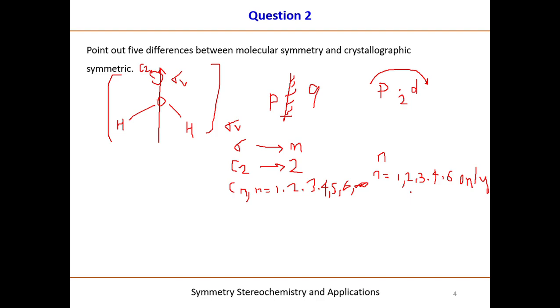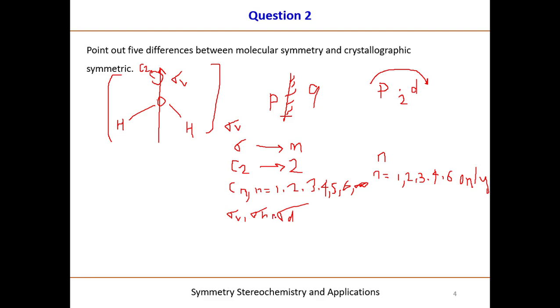Now let's talk about the other differences. The other difference is that in molecular symmetry we have sigma V, sigma H, sigma D, the dihedral plane, correct?